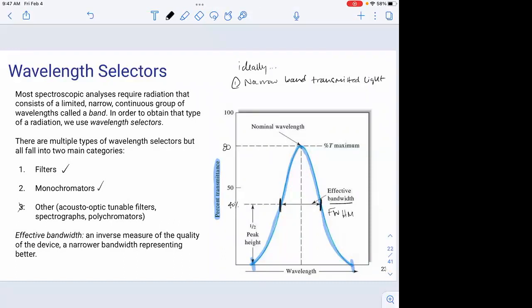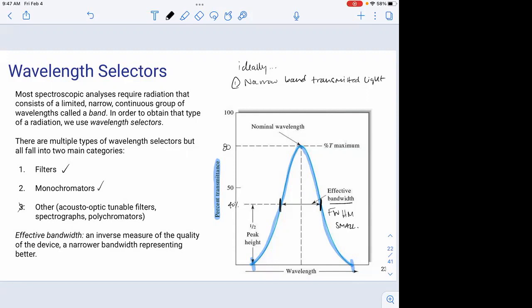And that's a quality characteristic that you'll find as you're looking for wavelength selector filter characteristics in your first assignment this week. Okay, so we want this number to be small.